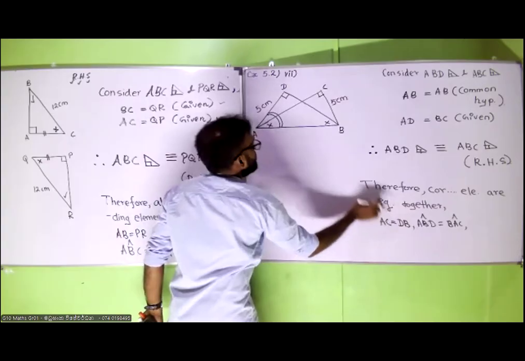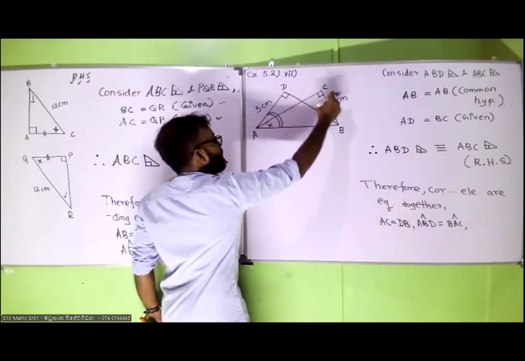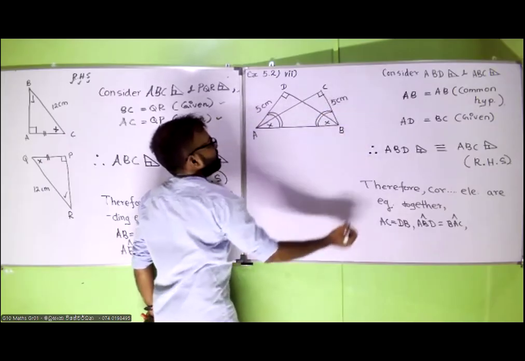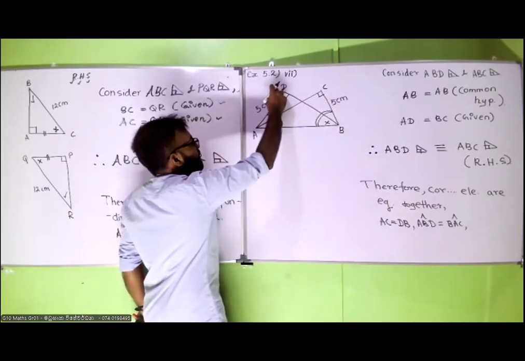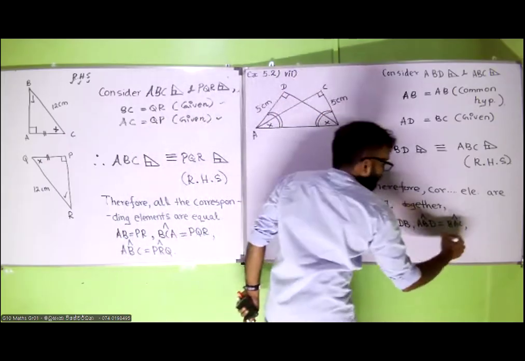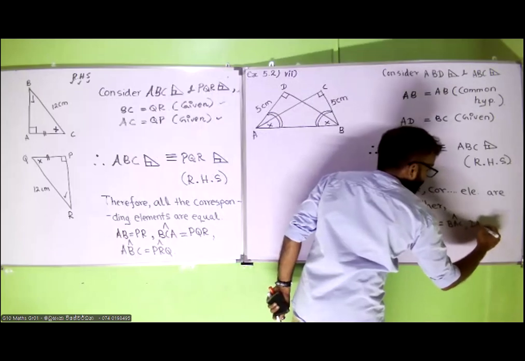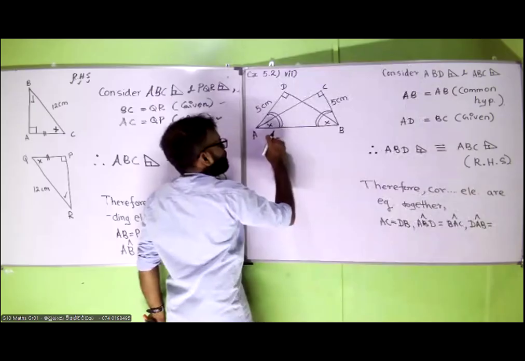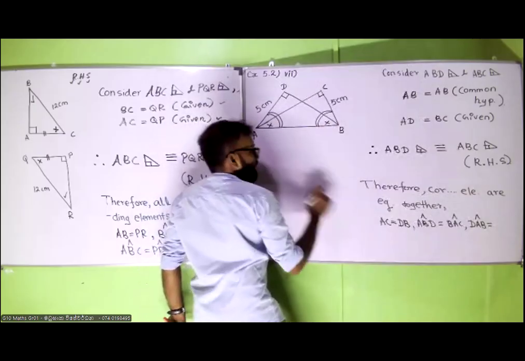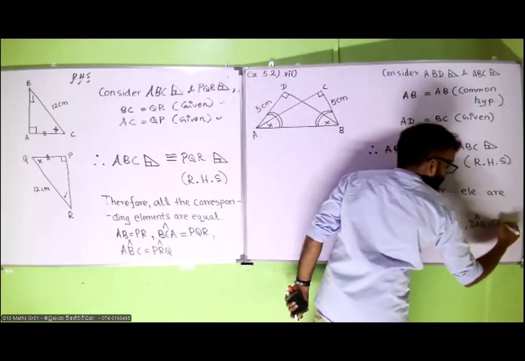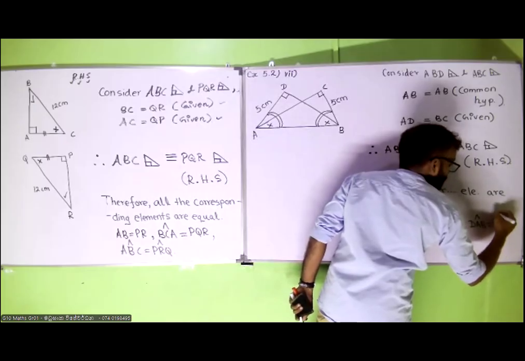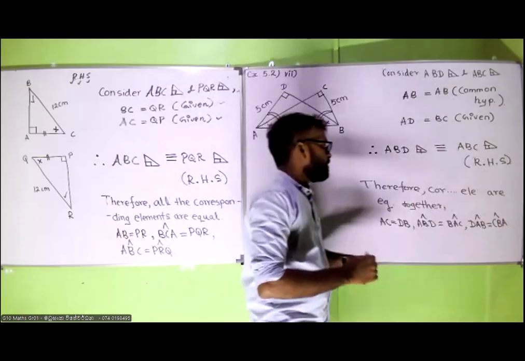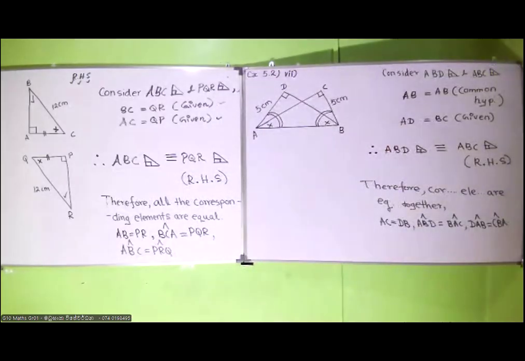So DB equals AC, and in front of that I have this entire angle. So angle DAB equals angle CBA. Those are the rest of the corresponding elements of the two triangles.